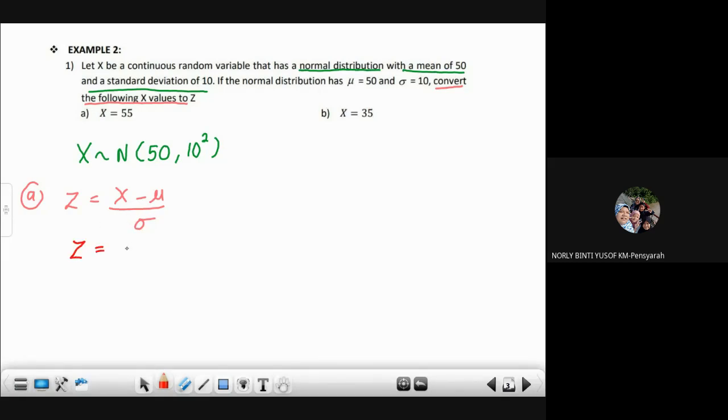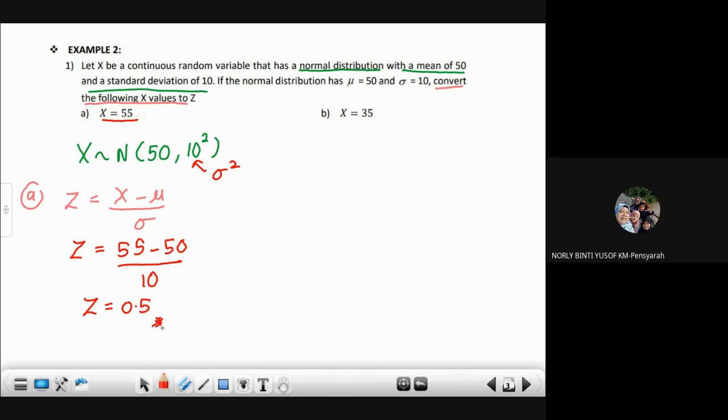So, standardize score Z, X adalah 55, tolak dengan mean 50, bahagi dengan standard deviation 10, because standard deviation is 10. This one is variance when you put it in the distribution, that's the difference. So you got the Z value that you standardize is 0.5.